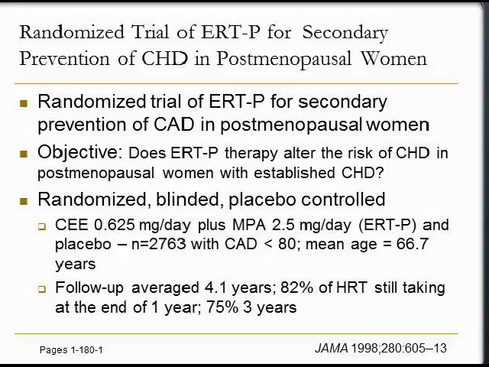A randomized trial of estrogen replacement therapy for secondary prevention of CAD in postmenopausal women. The objective of this trial was to assess whether or not estrogen replacement therapy alters the risk of CHD in postmenopausal women.